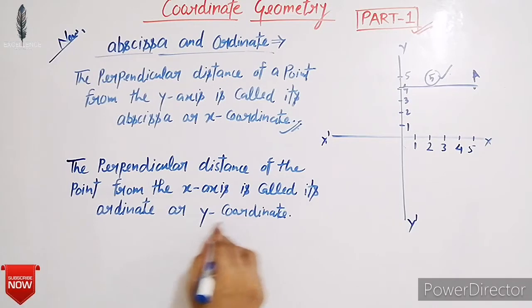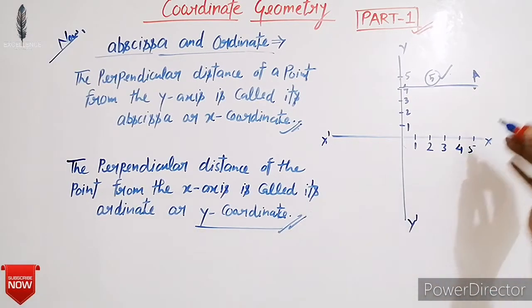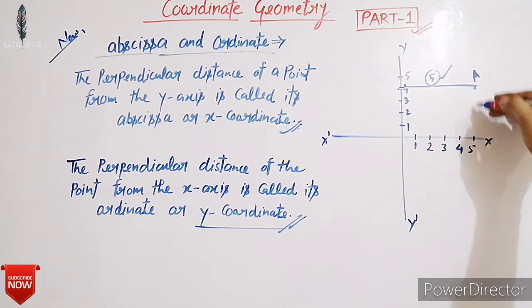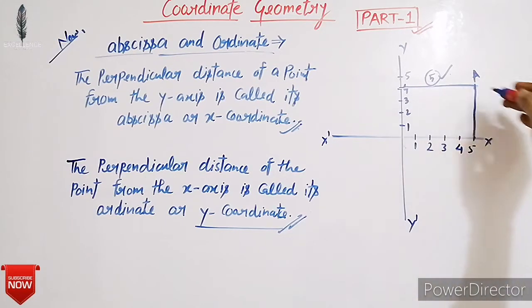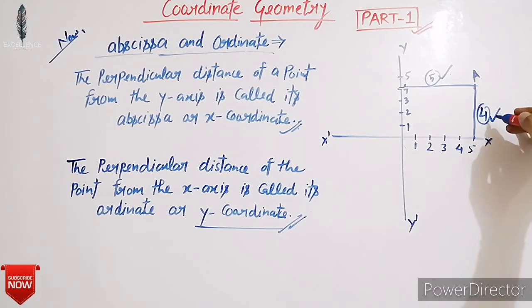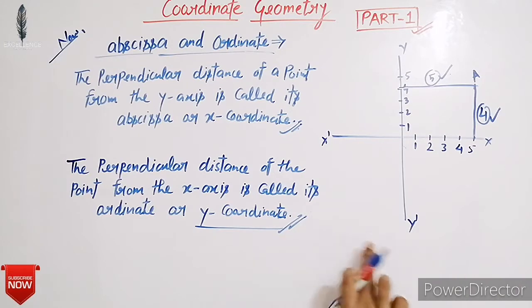Okay? Let's see in this figure. The perpendicular distance of this point from x-axis is 4. So 4 is called its ordinate or y-coordinate.